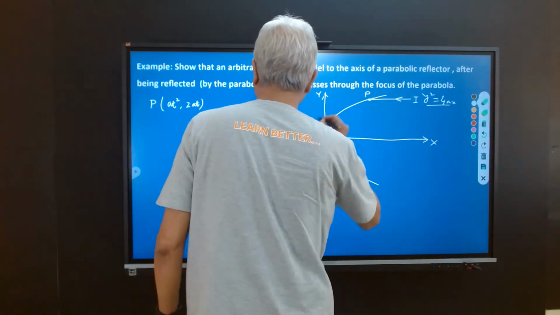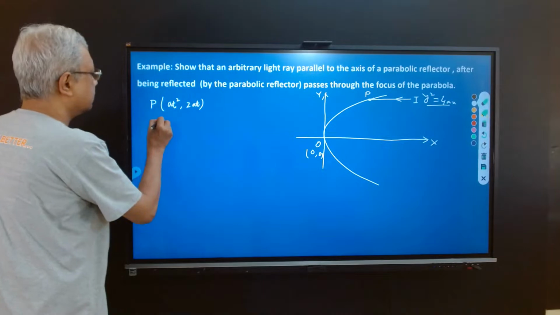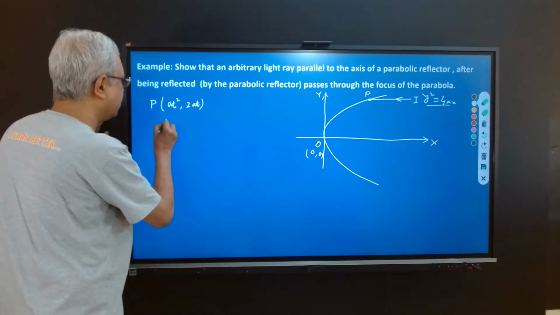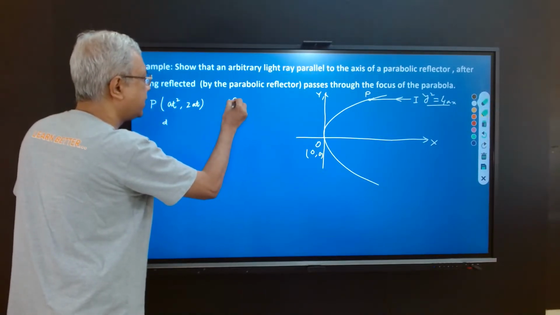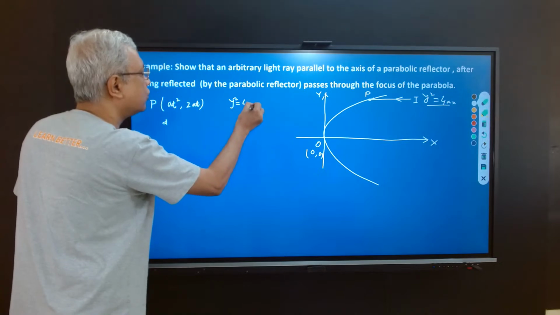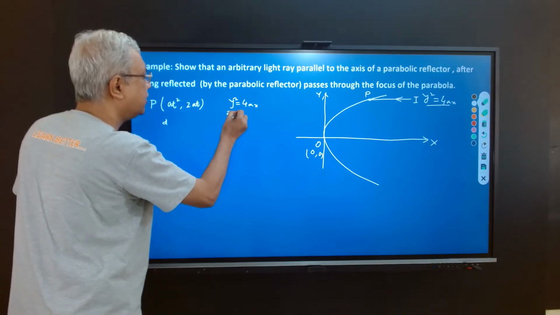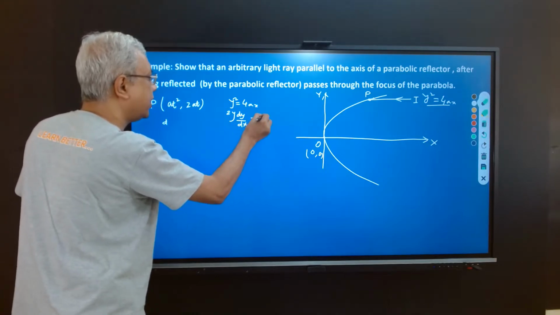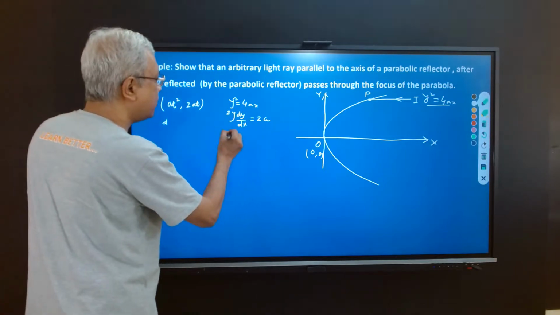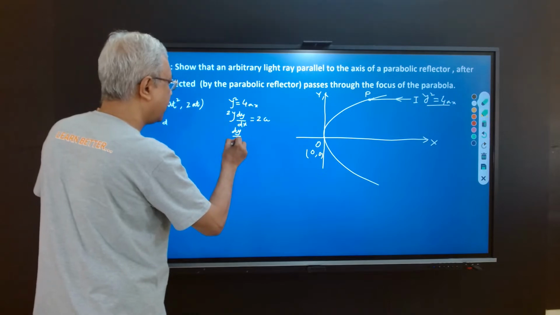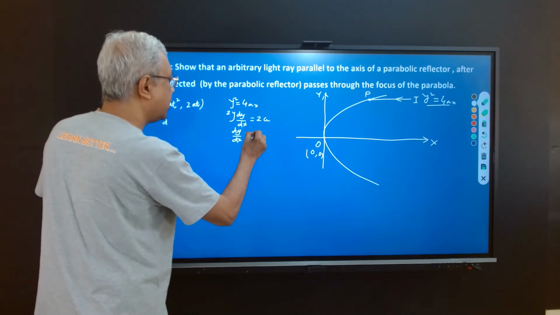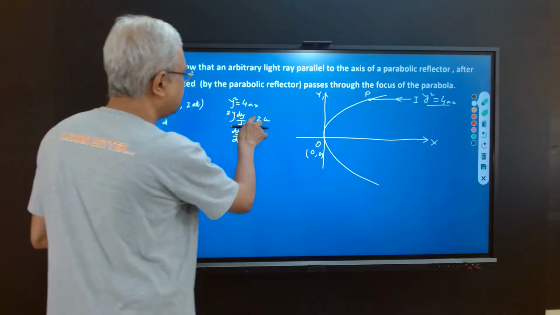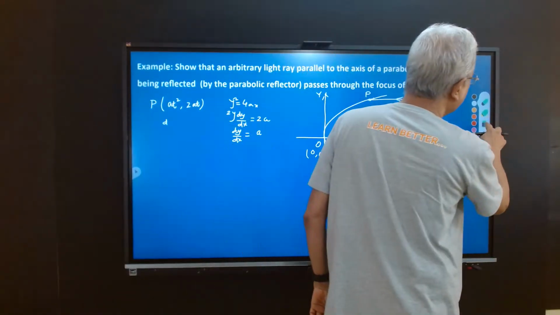So what is the value of dy/dx? y square equal to 4ax, so 2y dy/dx is 4a. Sorry, it is not 2a, it is 4a.